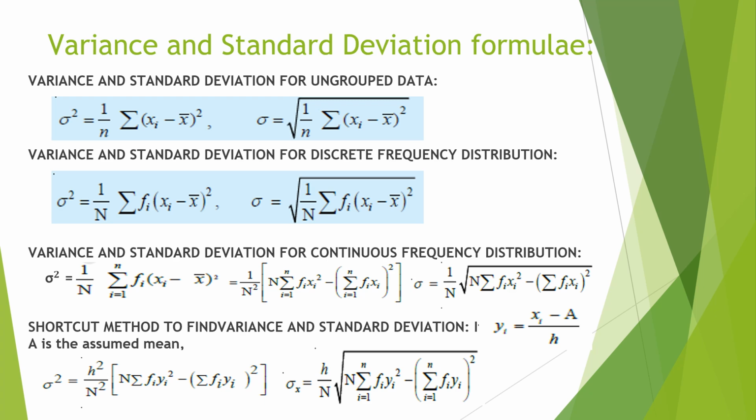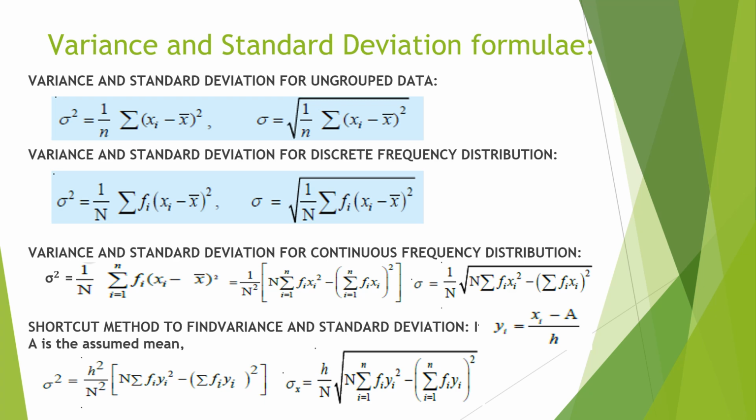Now there is also a shortcut method to find the variance and standard deviation. Like you had the assumed mean method for finding the mean, same way by using the assumed mean method we can find the variance and standard deviation. So in this case we assume that capital A is our assumed mean, and let the deviation yi be equal to xi minus assumed mean A upon the class length h.